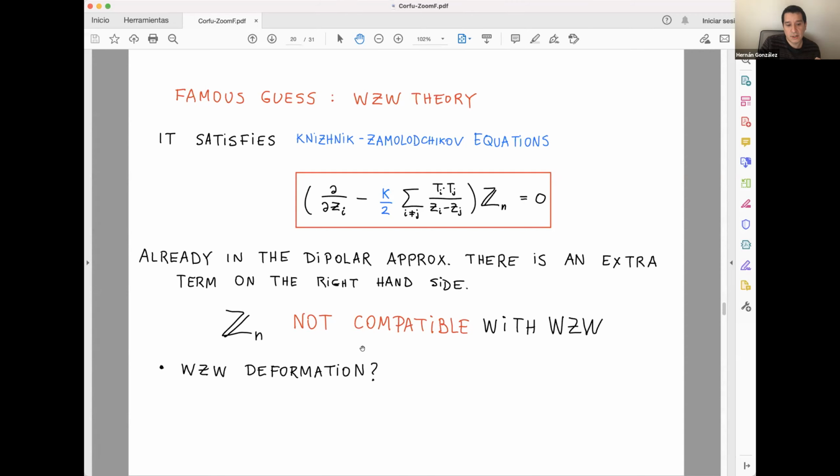One could wonder whether there is some deformation of the Wess-Zumino-Witten model that does the job here, or another type of nonlinear sigma model.